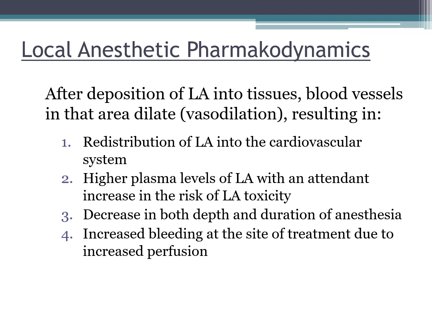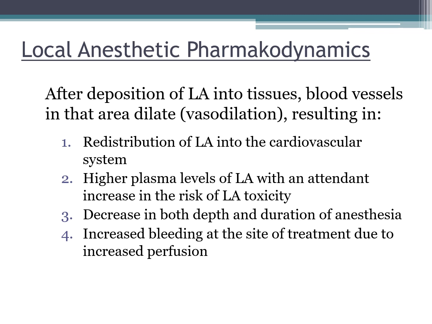So after you deposit the local anesthetic into the tissue, the blood vessels, arterioles, and capillaries primarily in the area dilate, and you get an increased perfusion at the site.